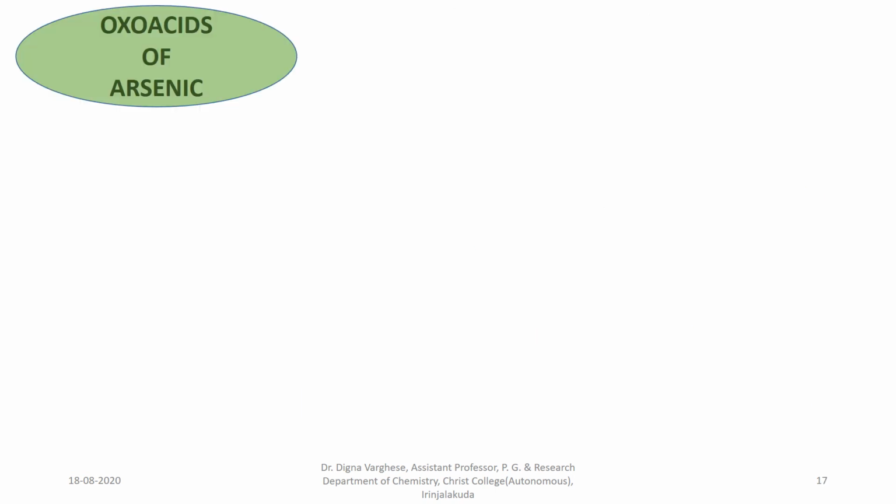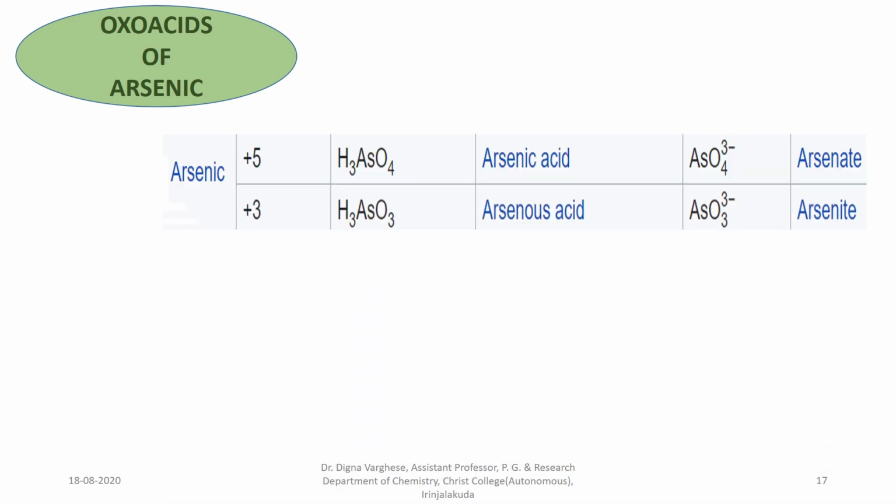In the case of nitrogen family members, they form oxoacids with the elements nitrogen, phosphorus and arsenic. Antimony and bismuth do not form any oxoacids. Arsenic forms two oxoacids, that is arsenic acid and arsenous acid.